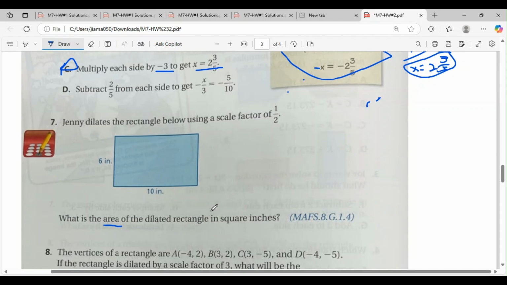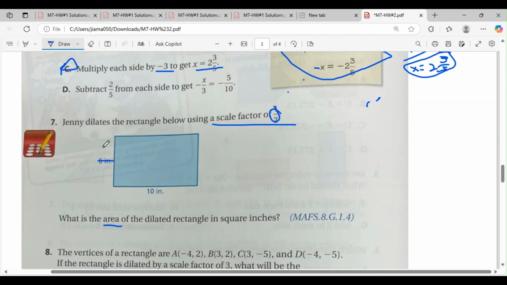We know that the scale factor is 1 divided by 2. So 6 times 1 divided by 2 equals 3.